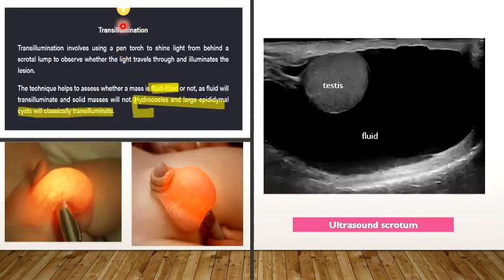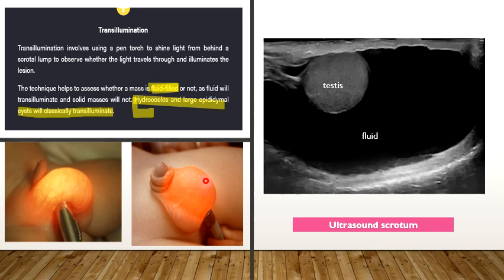Okay, this is the transillumination test. It involves the use of a pen torch to shine light from behind the scrotal lump to observe whether the light travels through and illuminates the lesion like this. You put a light here in a dark room, then you see the light illuminates the scrotal wall.